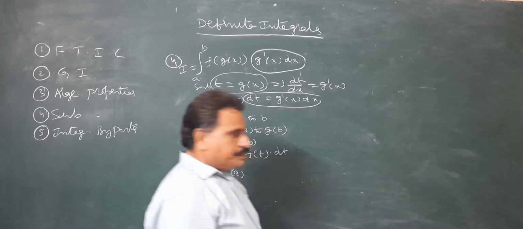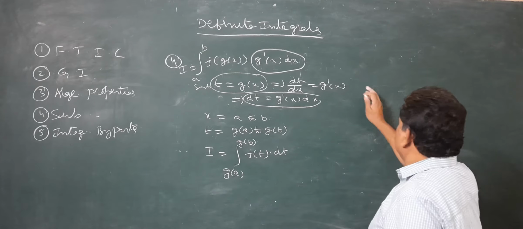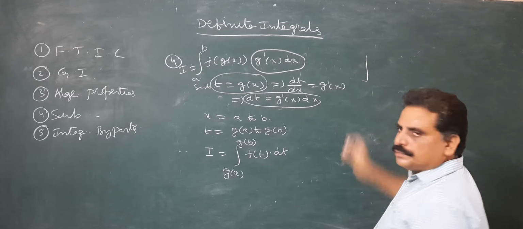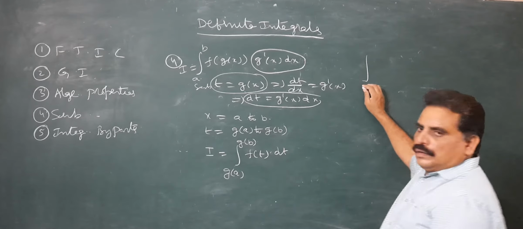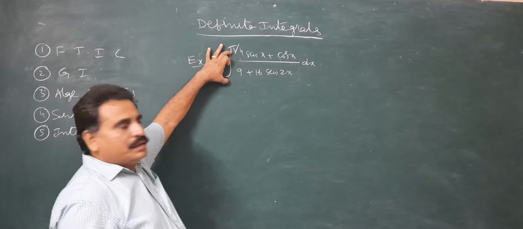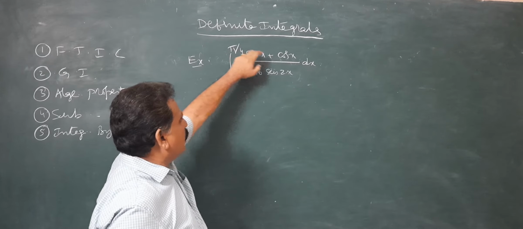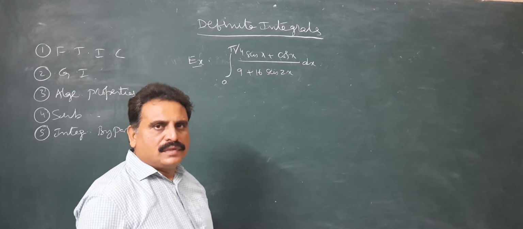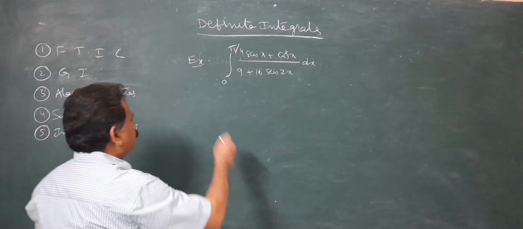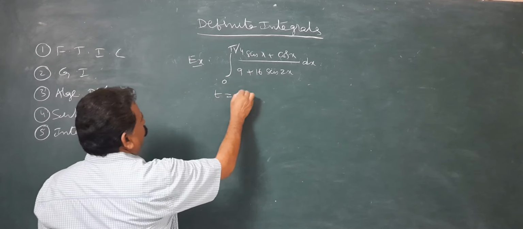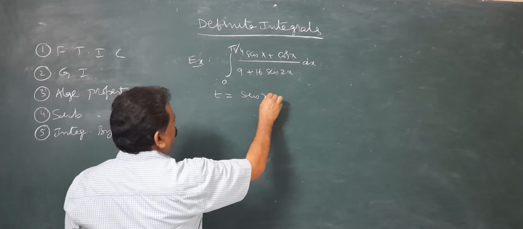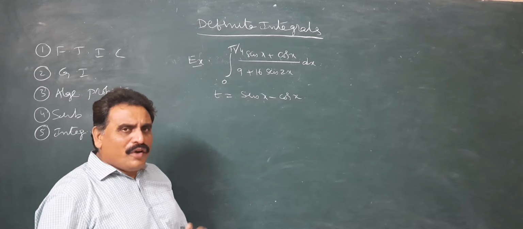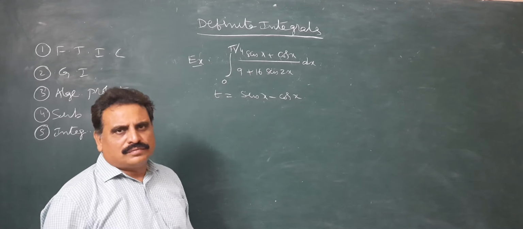For example, substitution method. Integral 0 to pi by 4 of (sin x plus cos x) by (9 plus 16 sin 2x) dx. Now here we are substituting t equal to sin x minus cos x. How to know why you are substituting particularly this? Just simple.